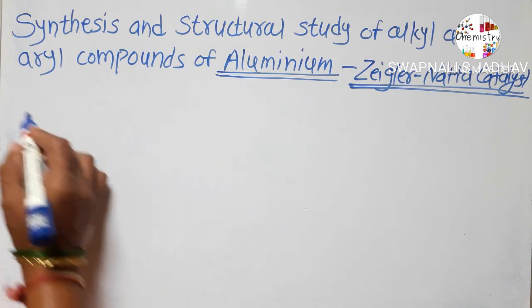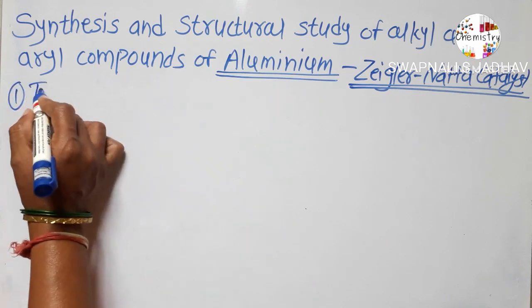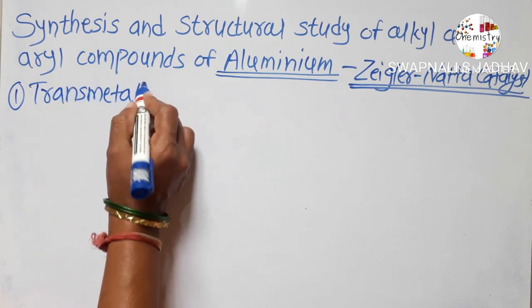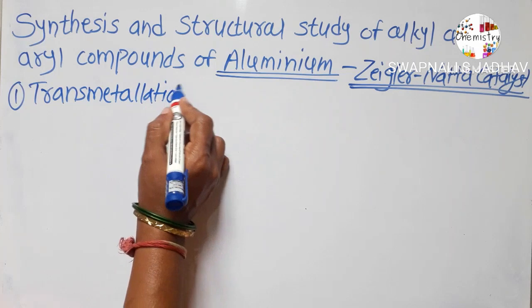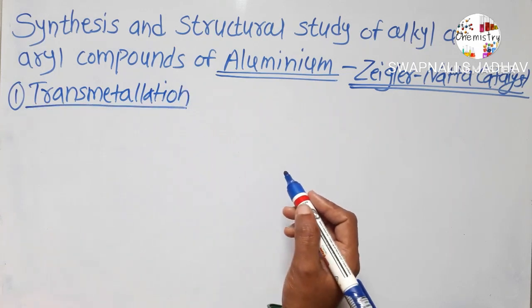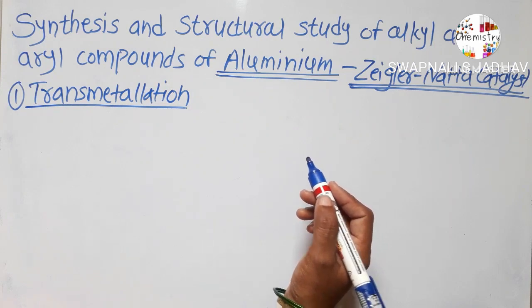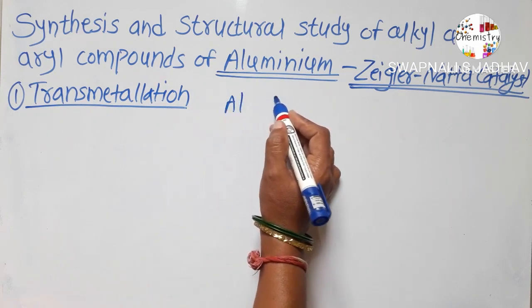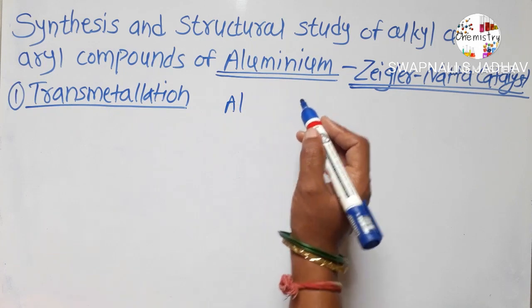Then we see the preparation methods. The first method is transmetallation. In the transmetallation process, alkyl or aryl aluminium can be prepared by the action of aluminium on a suitable organomercury compound.